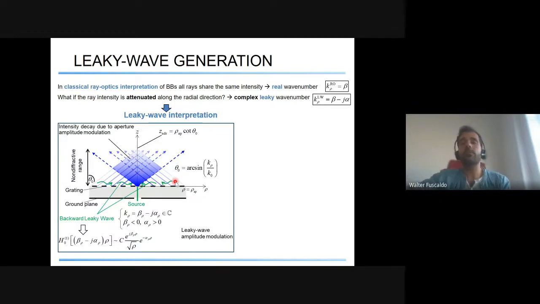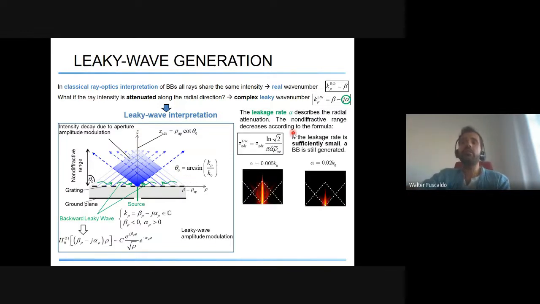And the non-diffractive range might be affected by the different power carried by each ray, and it will be reduced by a quantity that is in some way proportional to the leakage rate that characterizes the wave number propagating in the structure.